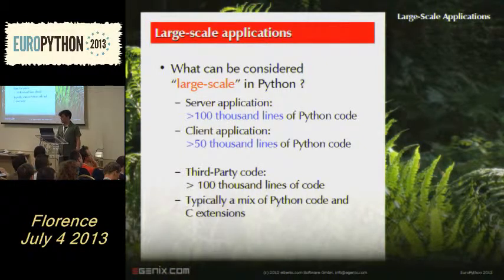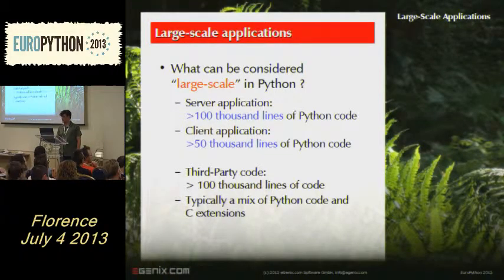That's when you start talking about large-scale applications. Now, Python code is usually much more efficient in expressing things that you want to do, so the numbers are much, much lower. So when I'm talking about large-scale applications, I usually refer to applications that have at least 100,000 lines of Python code for server-side applications.